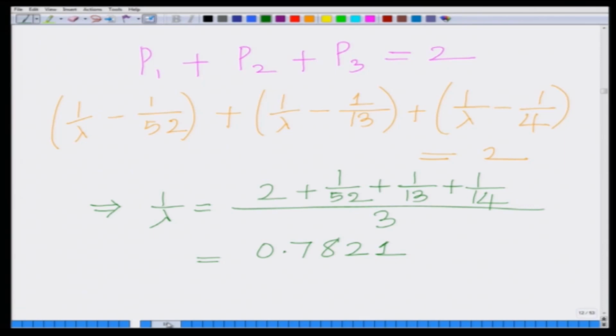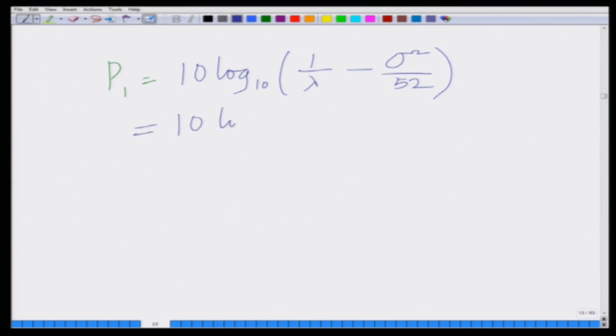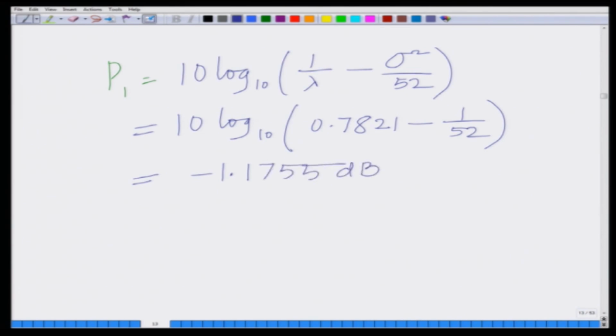Now, substituting this 1 over lambda, I can find each of the powers. So, power 1 is now 10 log to the base 10 of 1 over lambda minus sigma square divided by 52, equals 10 log to the base 10 of 0.7821 minus 1 over 52, which is equal to minus 1.1755 dB.